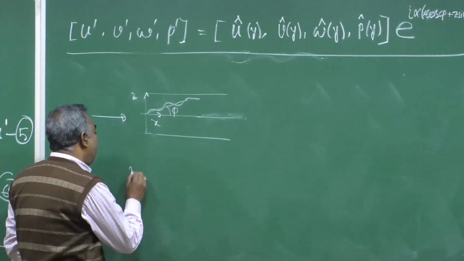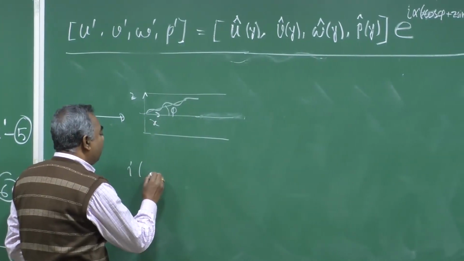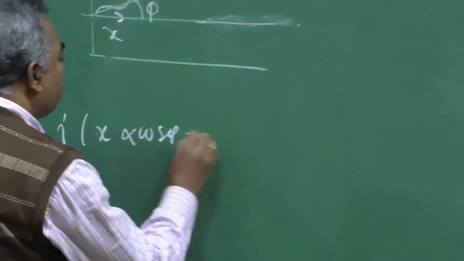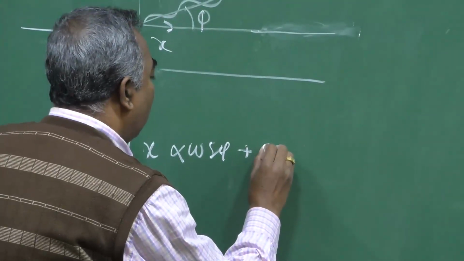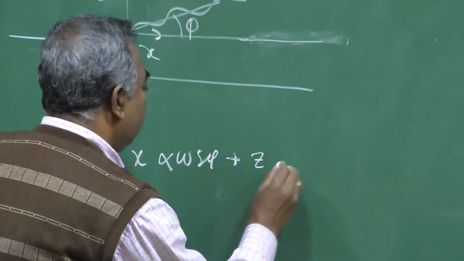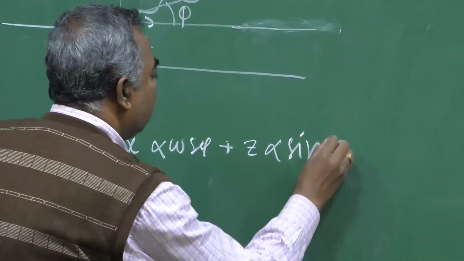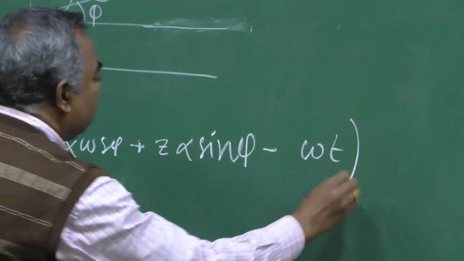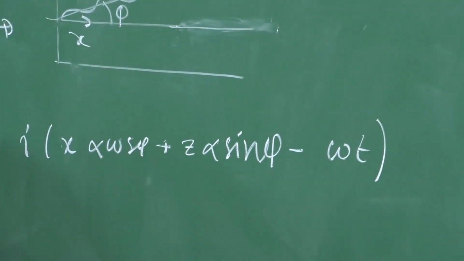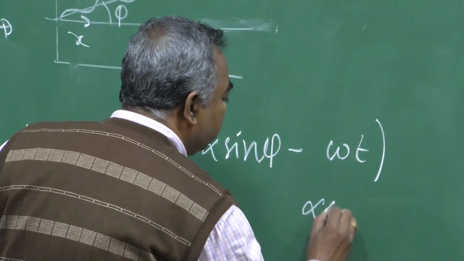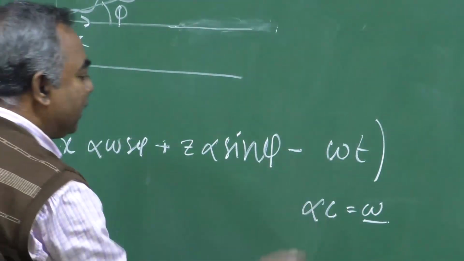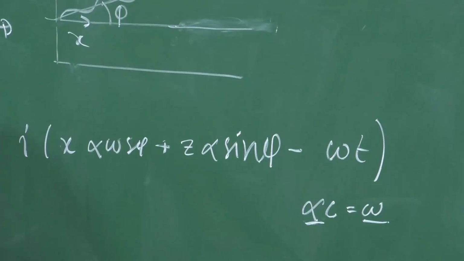So, the exponent is i alpha x cos phi plus alpha z sin phi minus alpha c, which is nothing but omega t. Alpha into c is equal to omega, the circular frequency. C is the phase speed, alpha is the wave number.